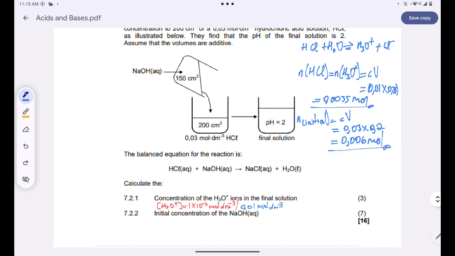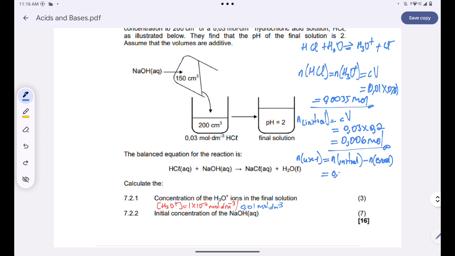So now I can simply calculate the number of moles which were used to neutralize the base. I'll say the number of moles used is the initial number of moles minus the number of moles in excess.